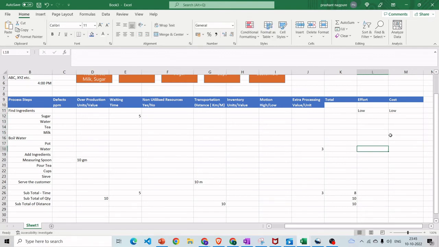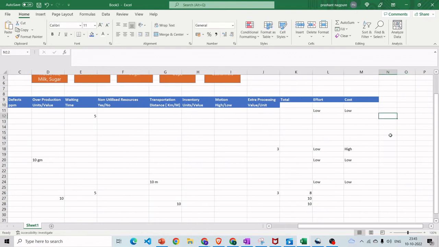In terms of boiling water, the effort is low, the cost is high. In terms of measuring spoon, the effort is low, cost is low. Serving the customer, effort is low and say cost is also low.